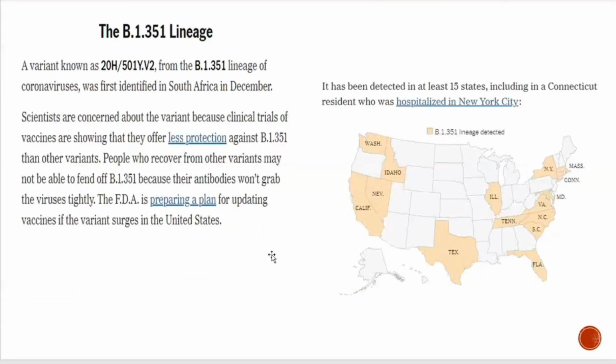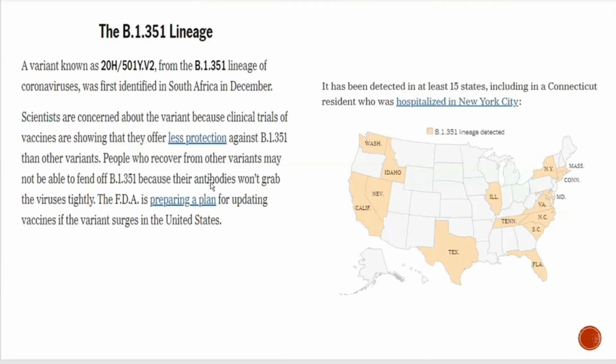All right, then the B.1.351 lineage, right? So this is the one that was first identified in South Africa in December. And this one's a little bit more concerning, right? Because there are already clinical trials of vaccines showing it offers less protection. We already talked about that a little bit.